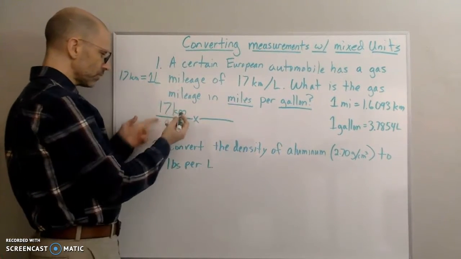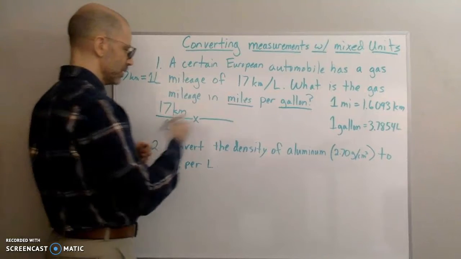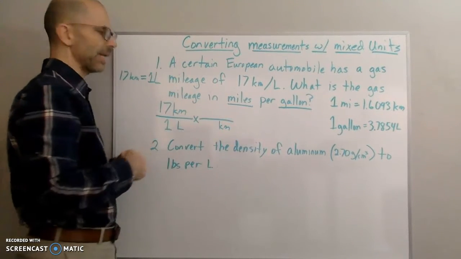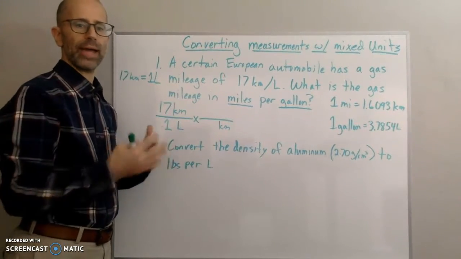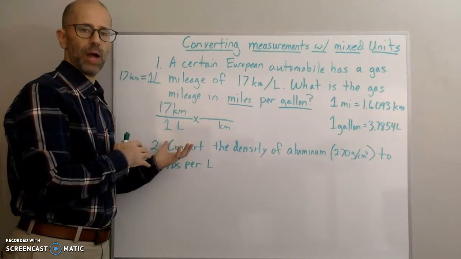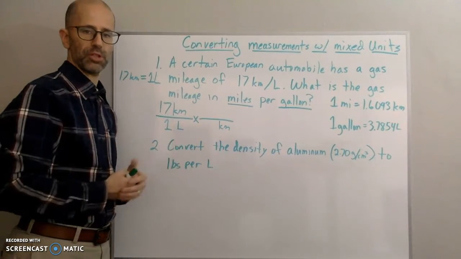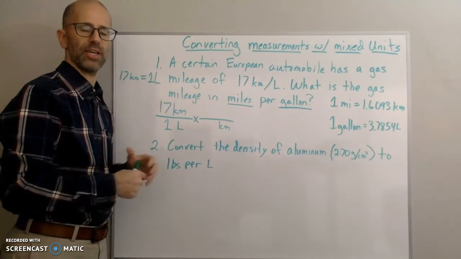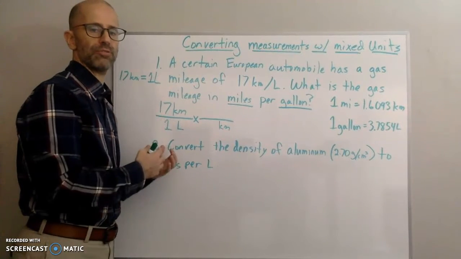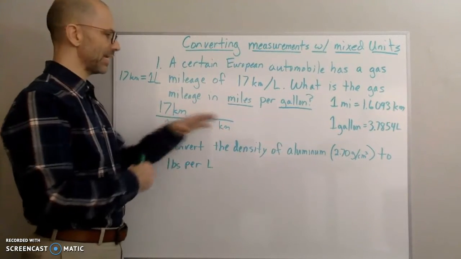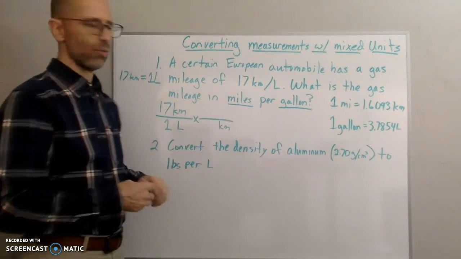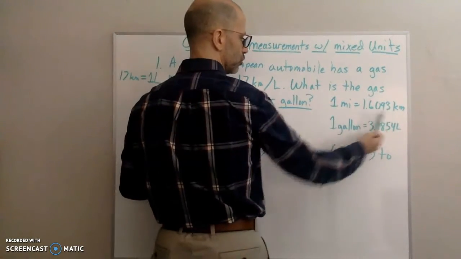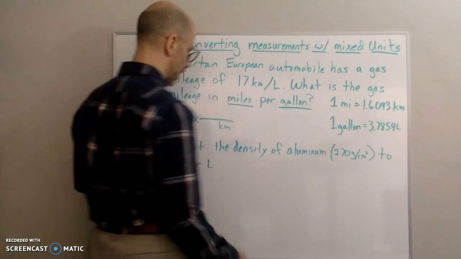So I have kilometers on the top, so I want kilometers on the bottom. And again, there are multiple ways to solve these problems because there are multiple conversion factors that you could use. It doesn't matter what conversion factors you use, as long as the conversion factors are set up properly and they get you to the unit you want. In this case, I have 1 mile is equal to 1.6093 kilometers.